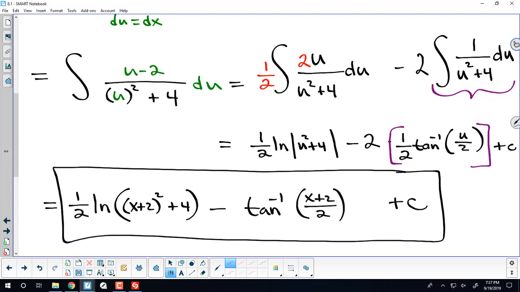So there is no clear-cut method. I hope that as we go through chapter 8, certain patterns become really evident as to when to use them. But that's kind of the best we can hope for when we find an antiderivative. I don't mean that to be discouraging. I mean that to be supportive. When you're doing these problems, just have patience. It's not always clear cut.